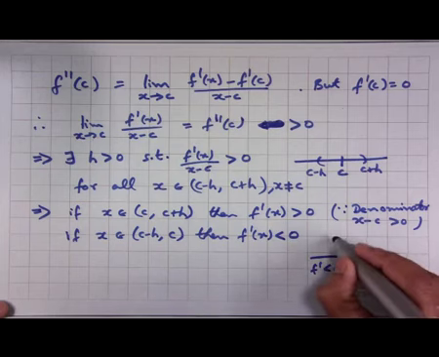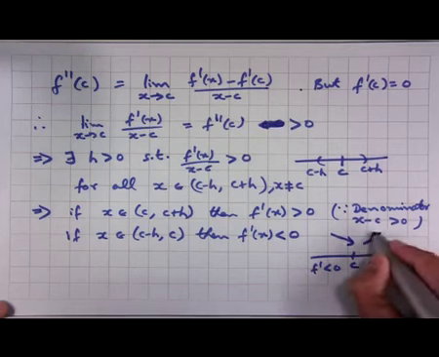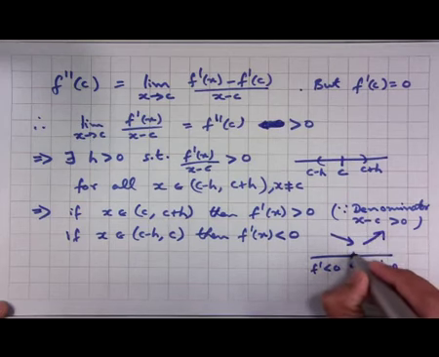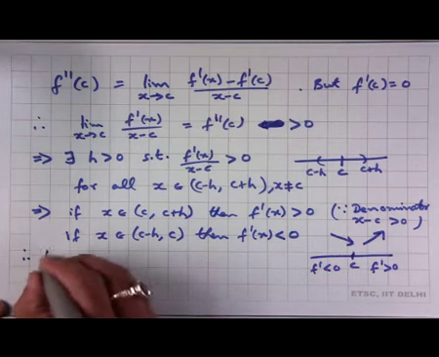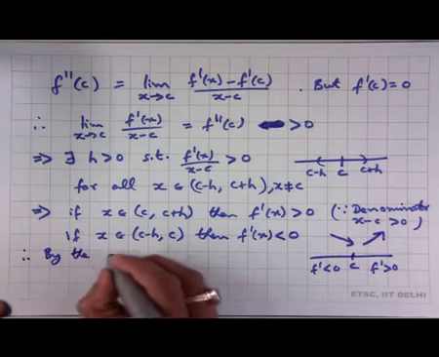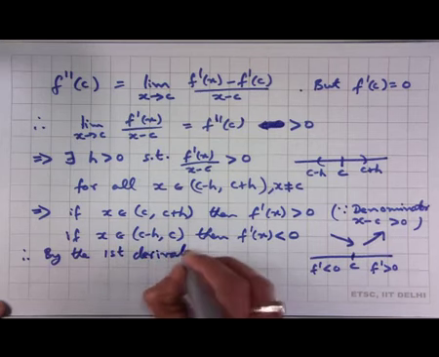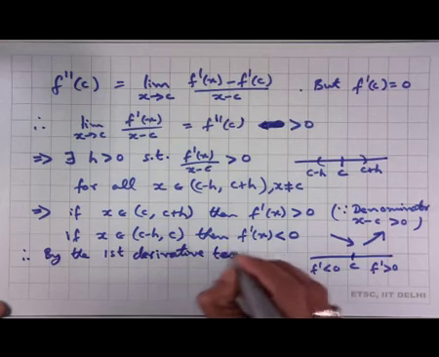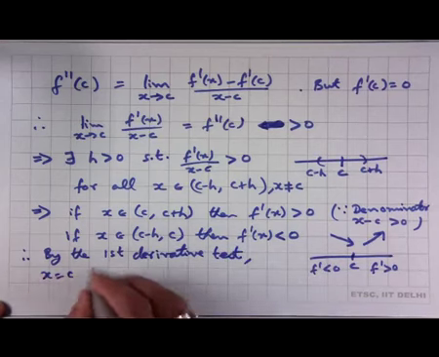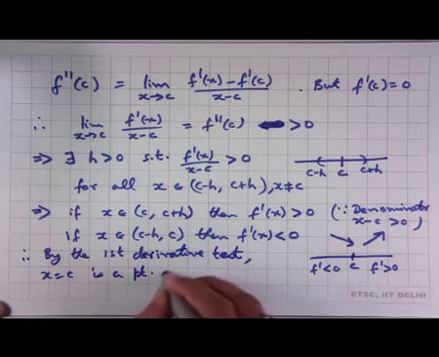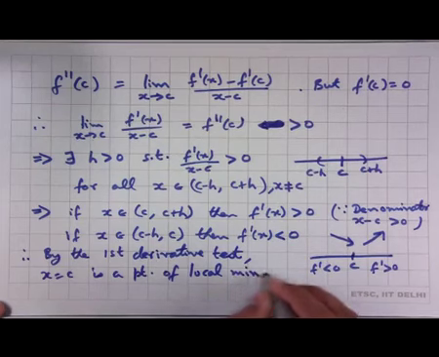That means that the function is decreasing and then increasing, which means c is a point of local minima. So, therefore, by the first derivative test, x equal to c is a point of local minima.